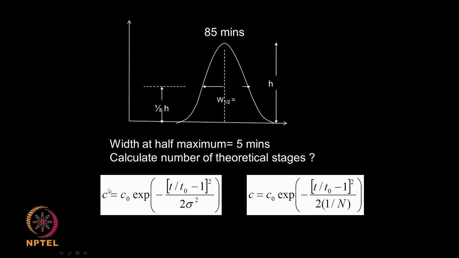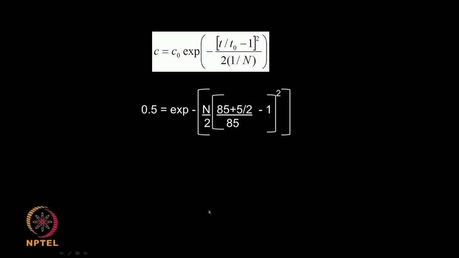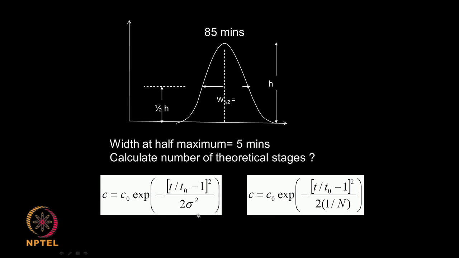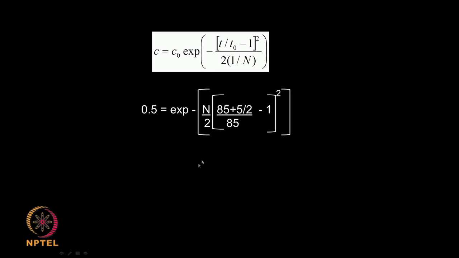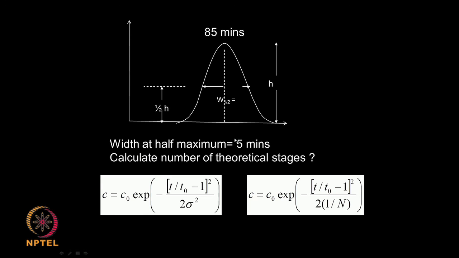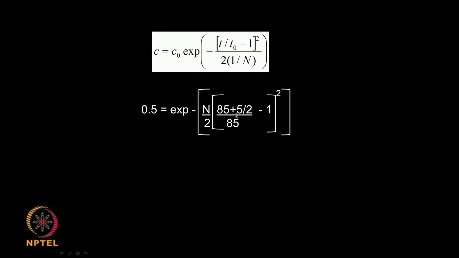So, if you recall that, I can for example use this equation, and instead of sigma square I can put 1 by n. Okay. So, I have this C by C naught is 0.5 and the retention time is here, 85, so from there I can calculate the number of theoretical stages, you understand.